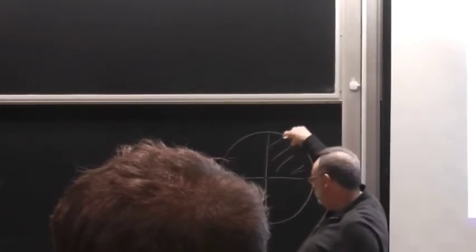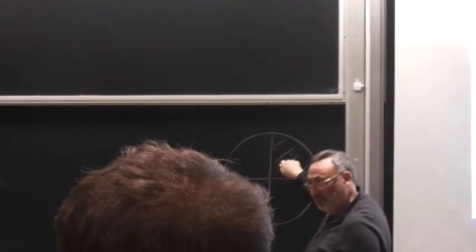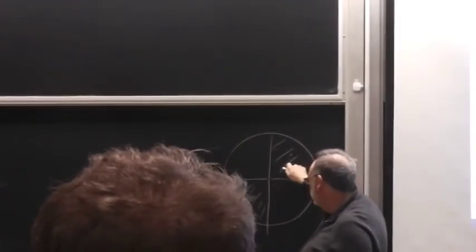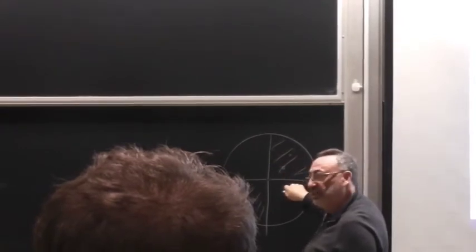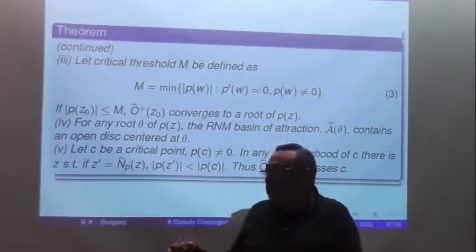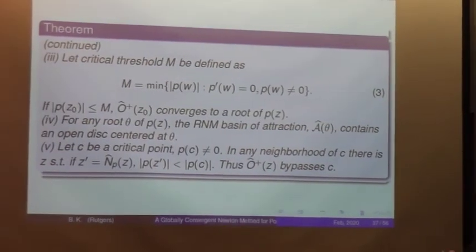Maybe if you are here, which is ascending, one would think the iteration comes here, but in fact, if you're lucky, the next iteration comes here, which means again it will escape the critical point. So this is a nice property. The critical points cause trouble, but maybe not too much trouble.